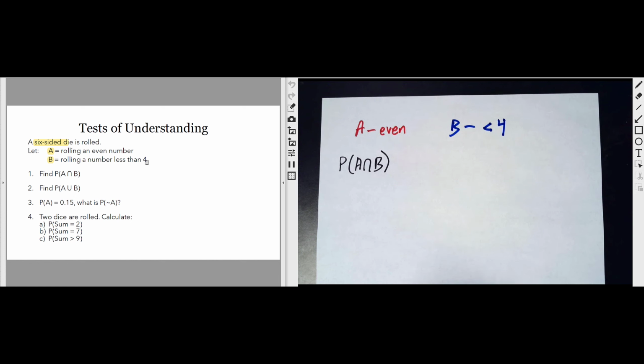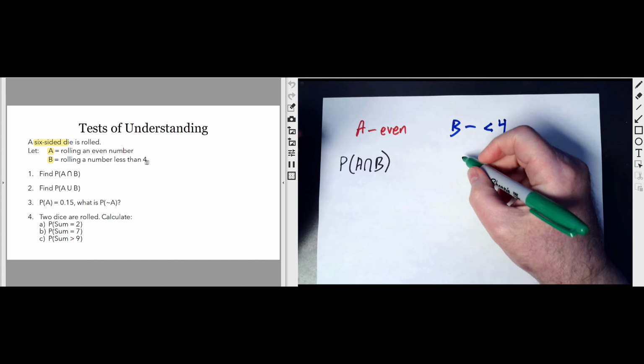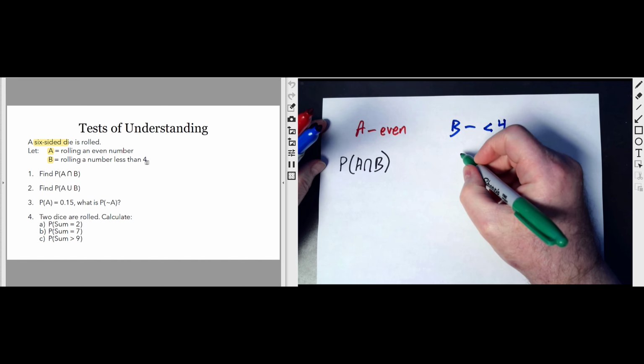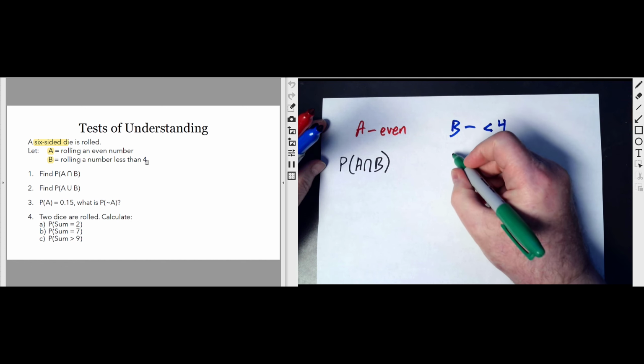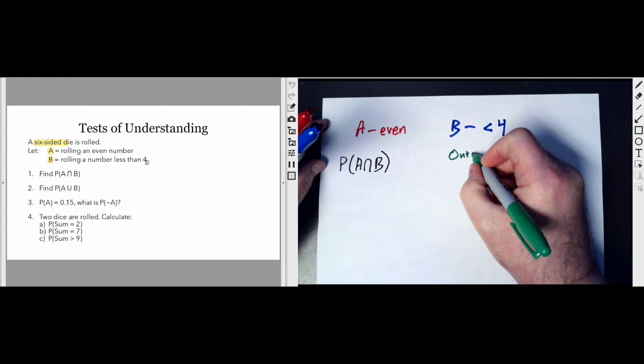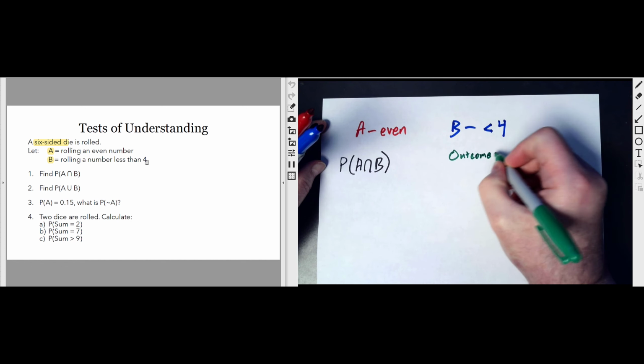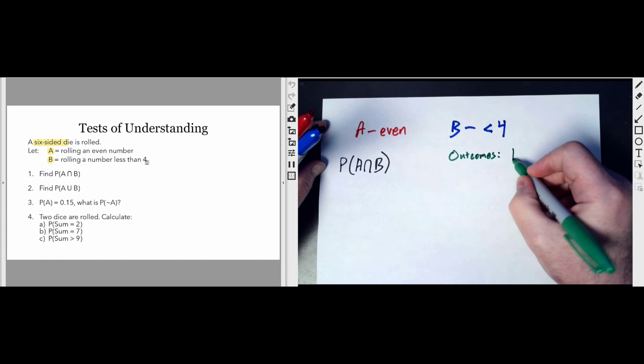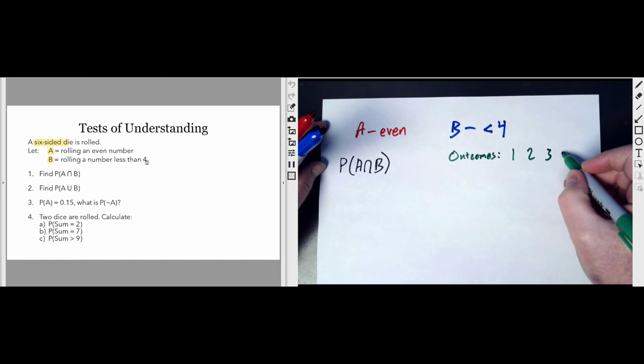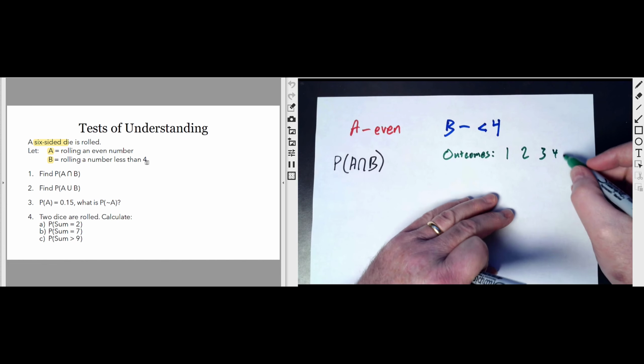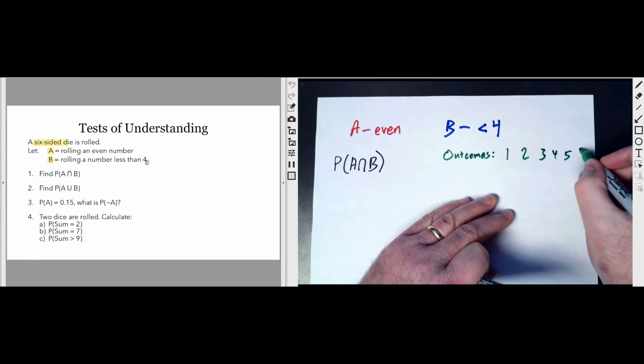Well, as I described, there are 6 possible outcomes when we roll a die. The outcomes are going to be 1, 2, 3, 4, I'm running out of space, 5, 6.